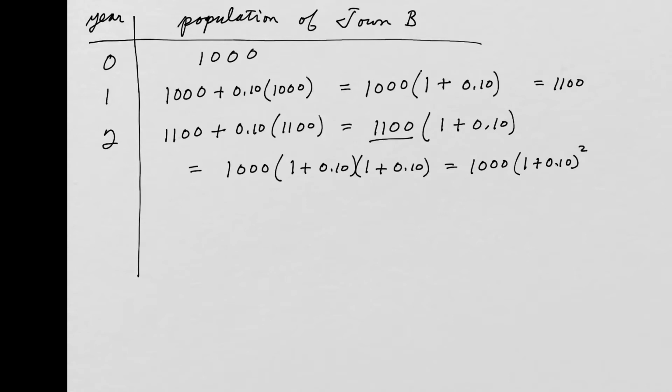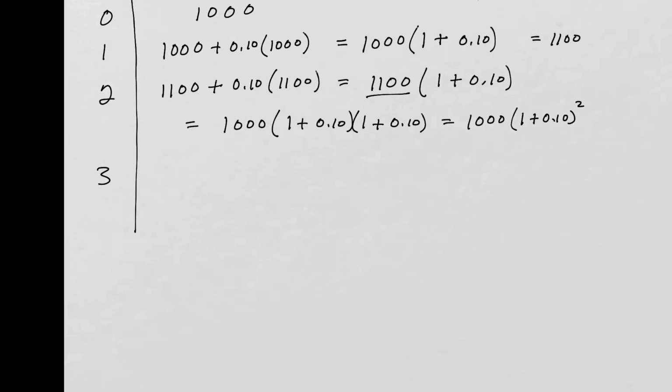Okay, and in the third year, are you guys following this sequence? So in the third year, I have that amount, and actually this is equal to 1210, right? So the third year, I have 1210 plus 0.10 times 1210.